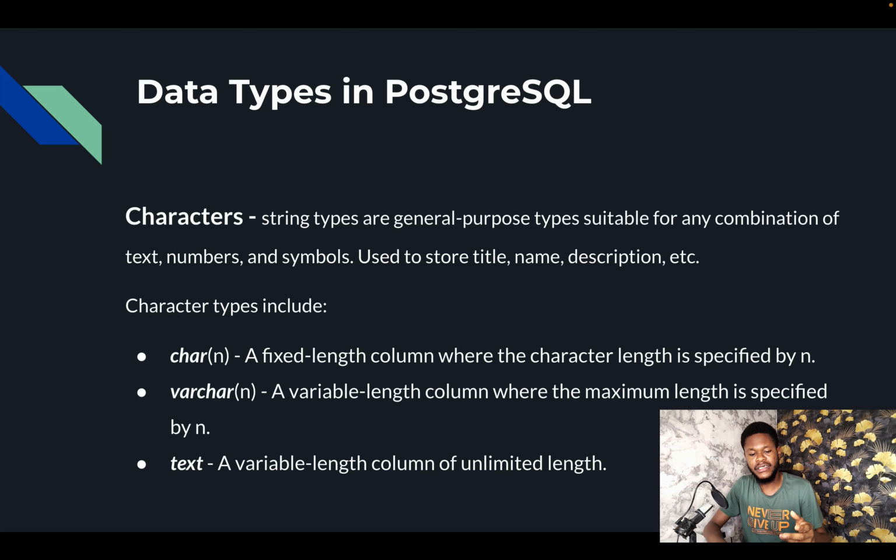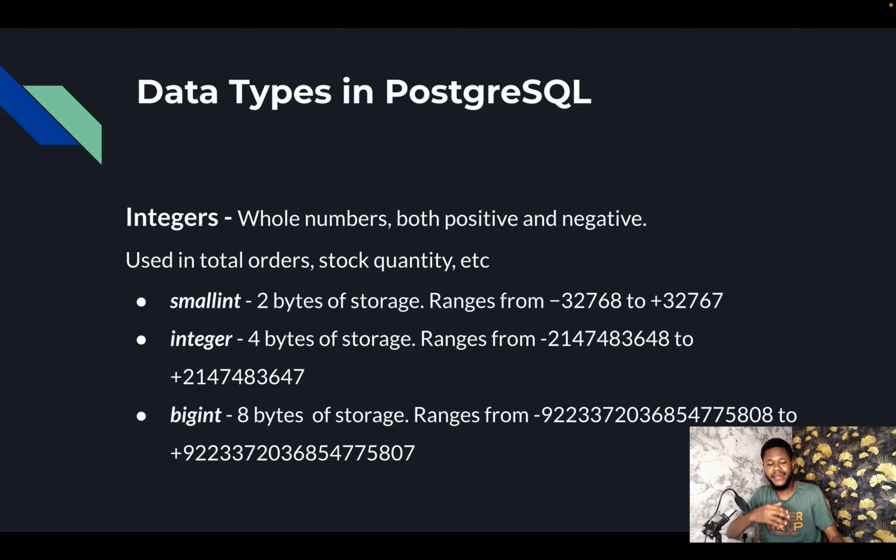So all of this just has to do with characters. Let's move on to other data types. Yeah, we have integers, whole numbers, both positive and negative. So when you want to store whole numbers, where there are no decimals, no floats, nothing like that, just whole numbers, then you can use integers to store them. So we use integers to store things like total number of orders. Okay, how many orders is this person placing?